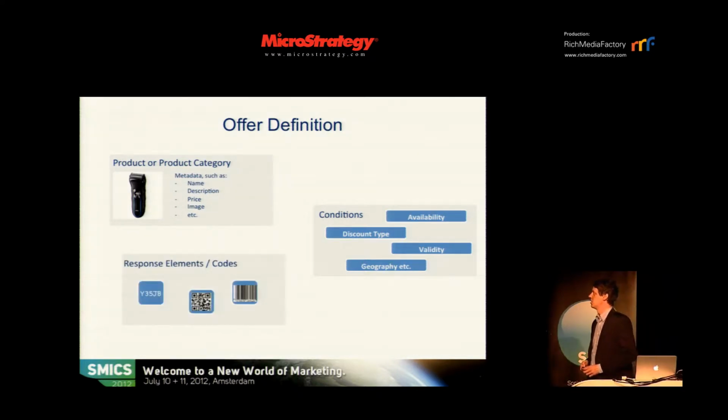And the third part of a definition is the response element. What I said before, we want to track our coupons and offers during the whole life cycle. So we need something like a response element. This can be just a plain code which you can pass in a link when you link to your online shop or whatever, and we can generate on the fly all these barcodes, QR codes, EAN 13, EAN 8, Code 128, depending on what the customer needs.